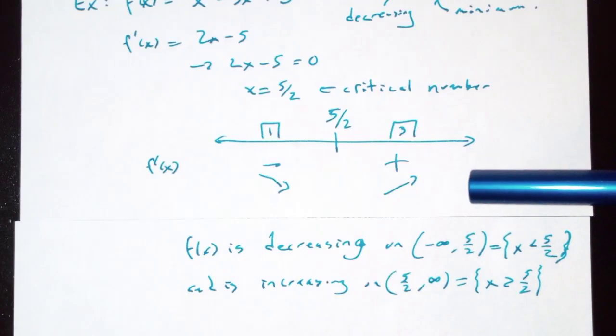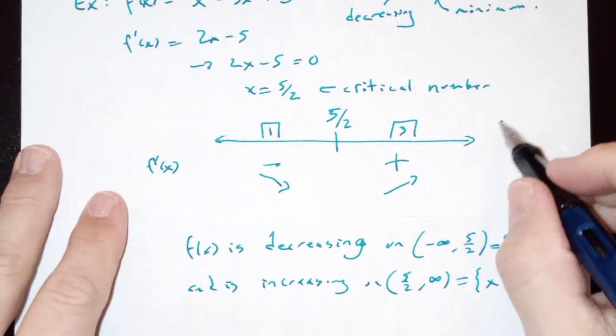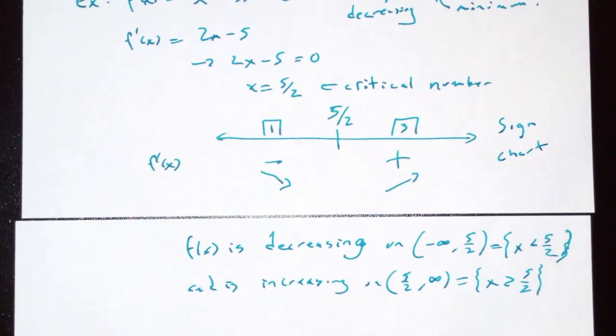This is referred to as a sign chart, or a sign diagram. And it is, to me, the critical method for analyzing where I'm going up and where I'm going down. Questions? Yes, ma'am.